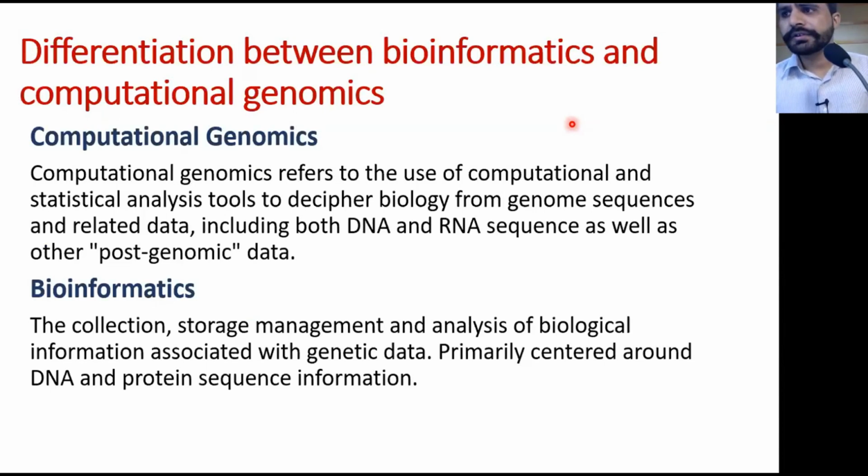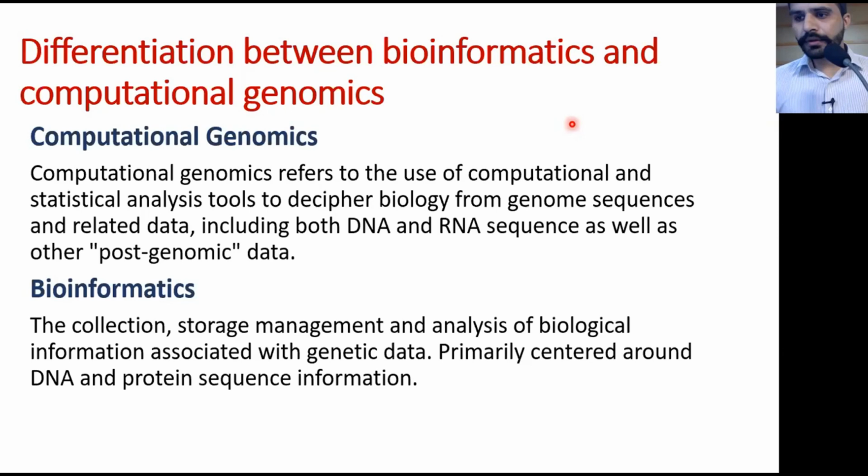Let's start with the differentiation of bioinformatics and computational genomics. Computational genomics refers to the use of computational and statistical tools to decipher biology from genomic sequences and later data. It also includes DNA and RNA sequence as well as some other post genomic data like protein information.